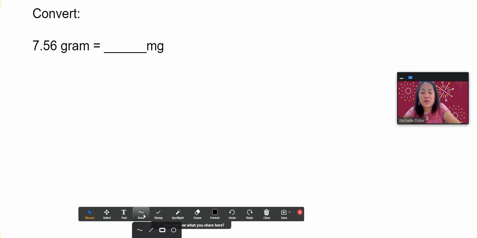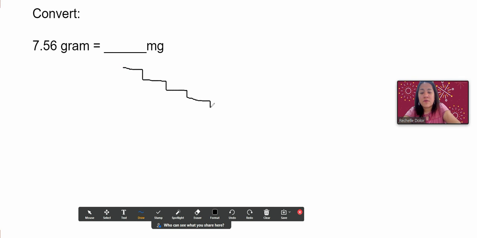We have 1, 2, 3, 4, 5, 6, 7. So kangaroo helps dingo because dingo can't multiply. So the basic that we have now is a gram, right?